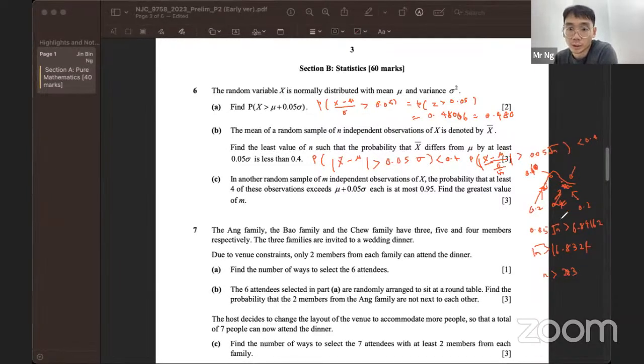I'm gonna make this into Z, then I put normal CDF, then I substitute the 28.3. So if I do it without the mod, it should just be slightly less than 0.2.